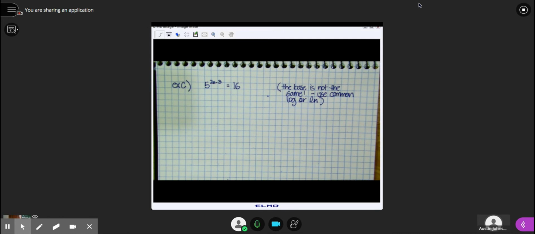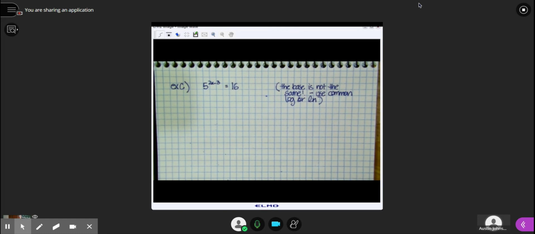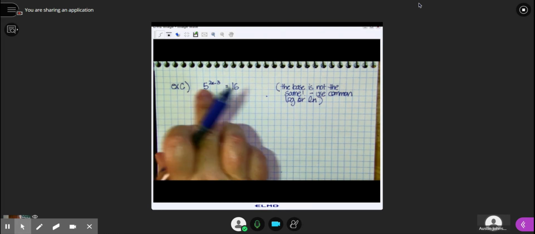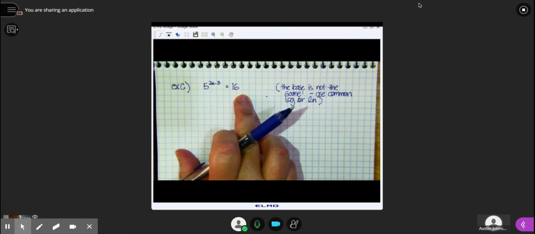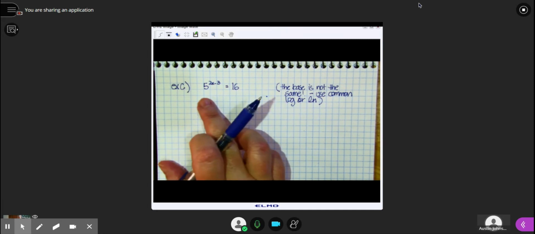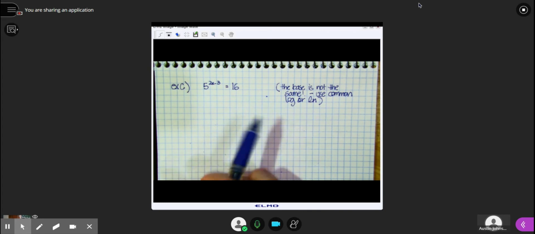And once we've got that common log or the ln, then what we want to do is use our laws that we did last week to help us out. Okay, so here's what I'm going to do. I'm going to take the natural log of both sides. I could take log base 10, but I'm going to use the ln in this case.